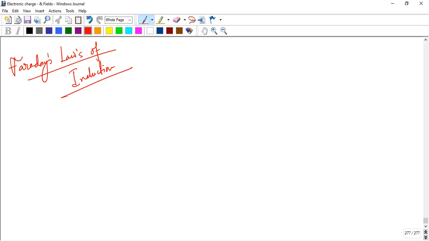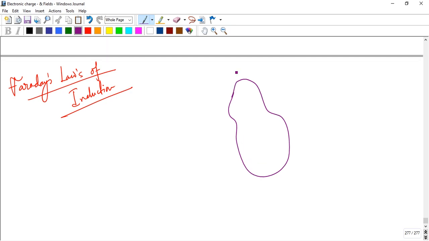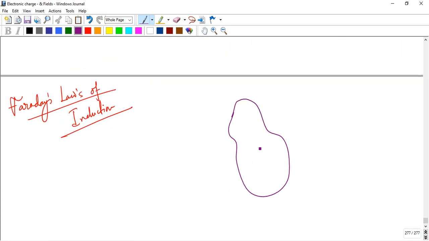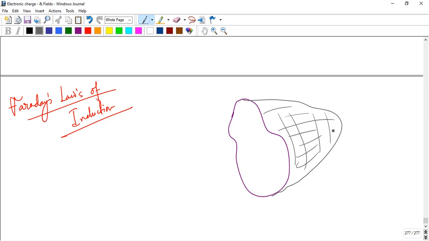Okay, Faraday's law of induction involves a surface, and these are open surfaces, meaning open on one side. Suppose the surface looks like a fishing net.